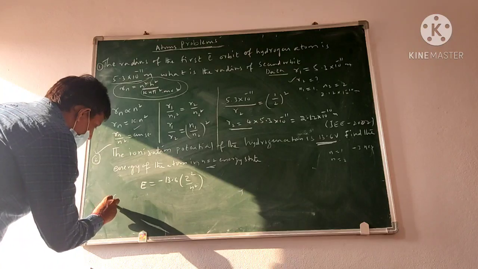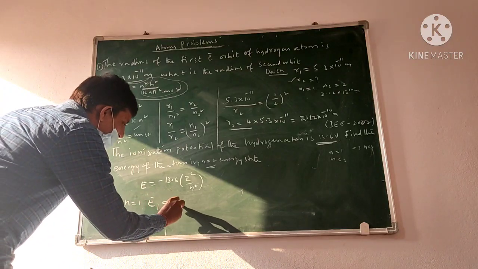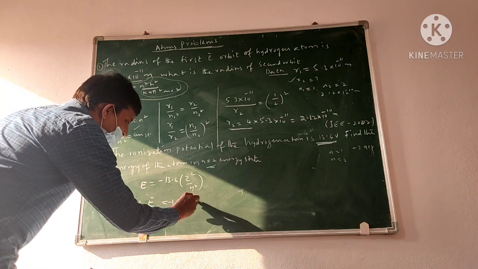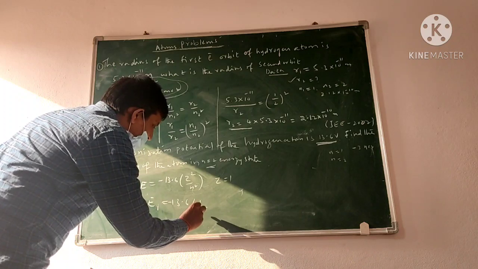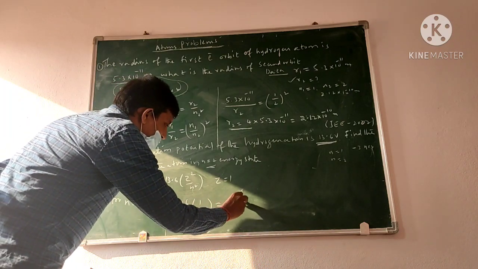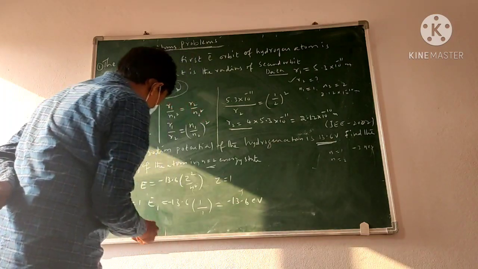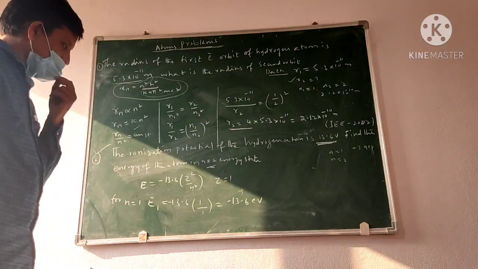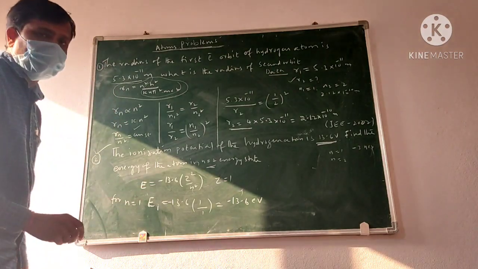For n is equal to 1, E1 is equal to minus 13.6, Z is equal to 1 for the hydrogen atom, so 1 by 1, that is equal to minus 13.6 electron volts for n is equal to 1, the first energy level of the hydrogen atom.